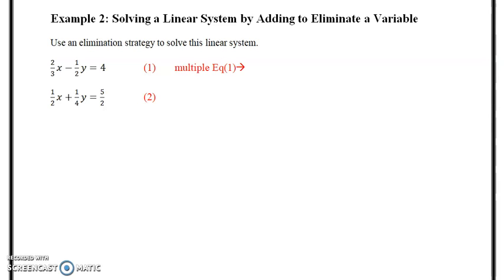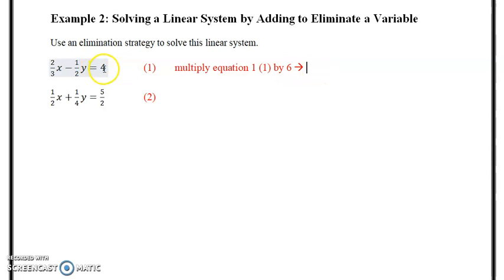So the first one we're going to do is multiply equation 1 by 6.